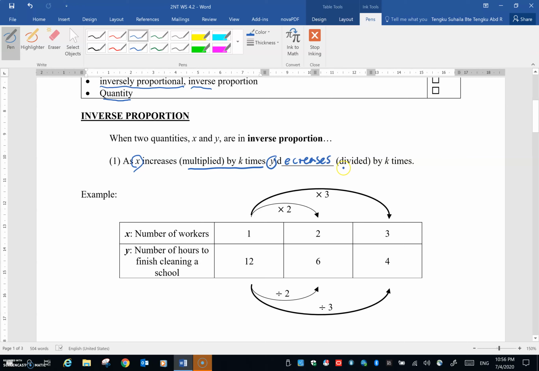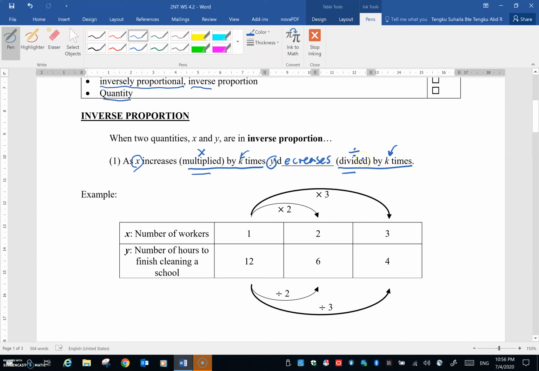Instead of being multiplied like x, it is actually divided by the same number. So the k does not change, but one is times and the other one is divide. That's what it means by inverse proportion.